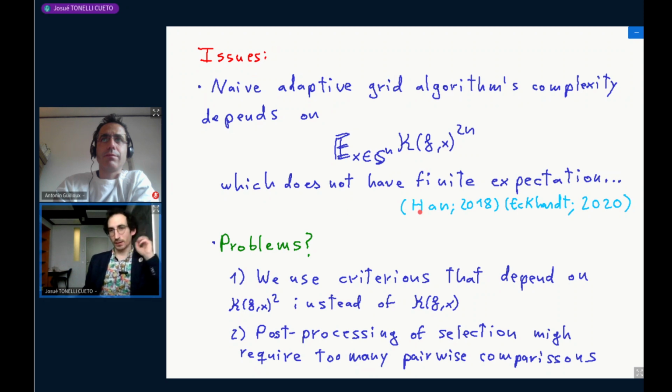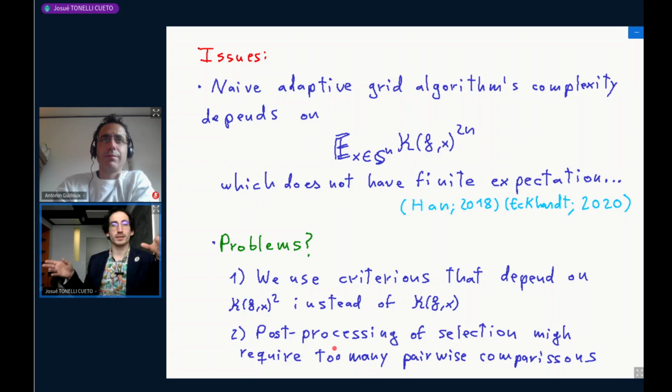So what are the problems? Why does this happen? The first thing is that one uses a criterion that depends on the square of the condition number instead of the condition number. And then there is an extra issue with the post-processing selection. Once you do the grid, you will have a selection of some approximations.